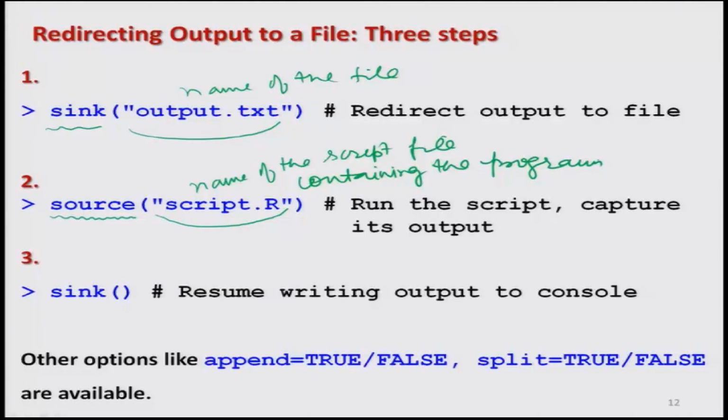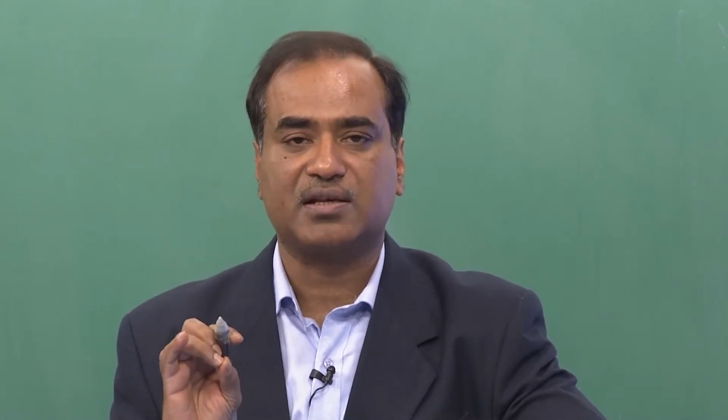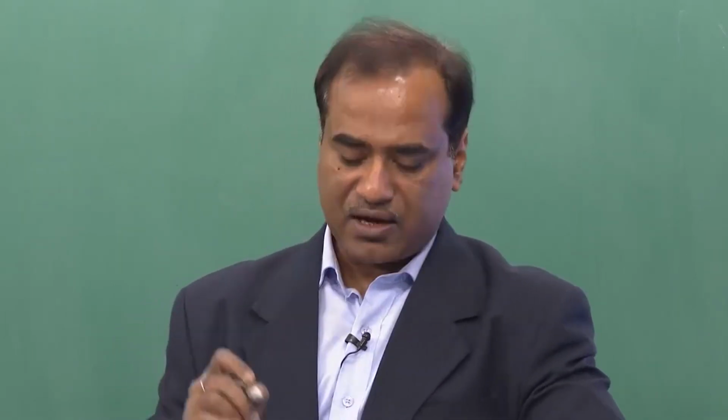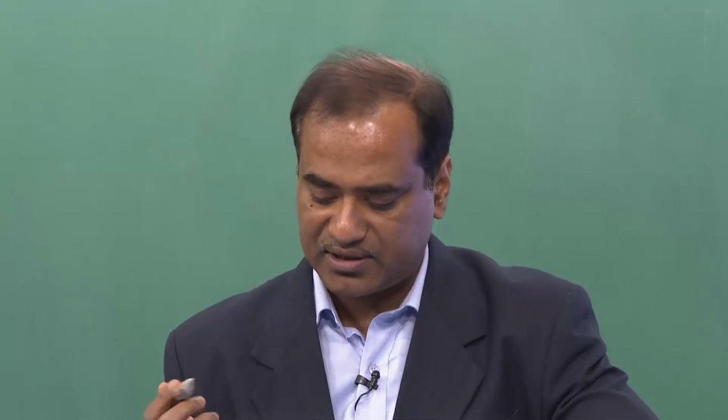That means, whenever we want to store the outcome, first I need to write down my function inside the script file, and that script file has to be saved inside the working directory. The name of the file containing the function is mentioned here. Here I have used the file name script.R, which simply indicates the script of the program is written inside this file.